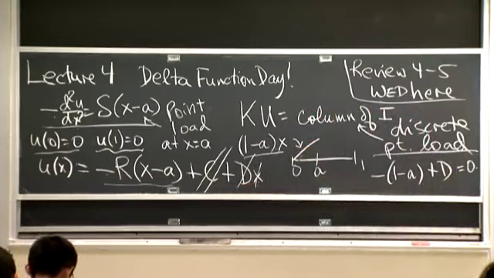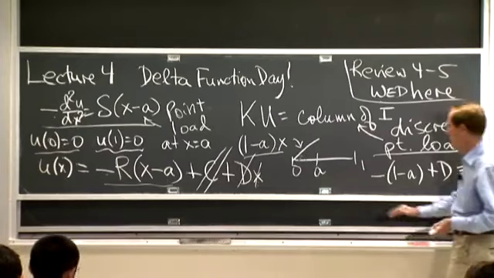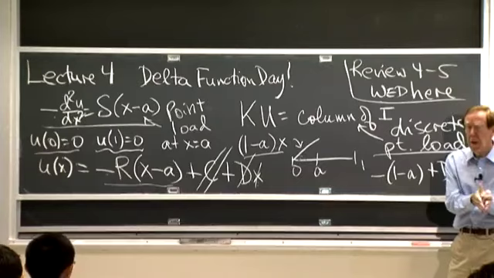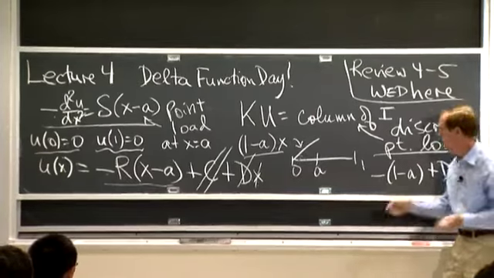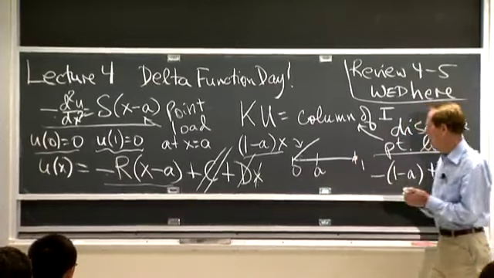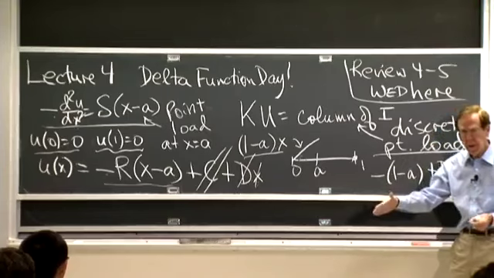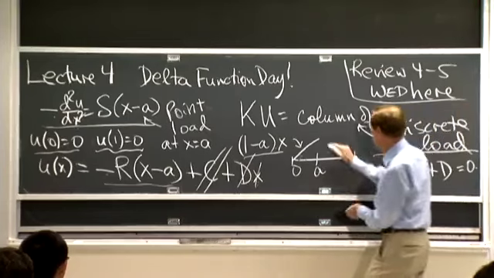What happens for the second half? Tell me what the solution looks like in the second half, in between a and 1. It's going downhill. Why? Because it's got to get back to 0. And how is it going downhill? It has to be linear in this region.